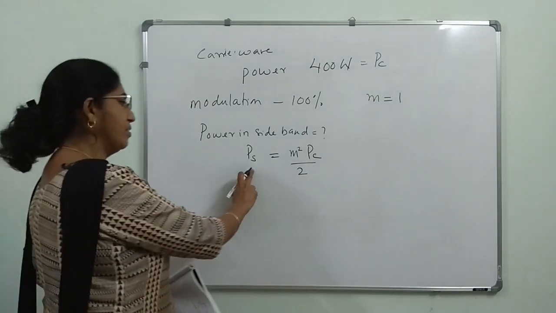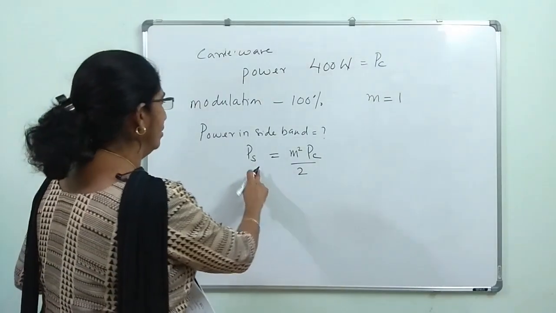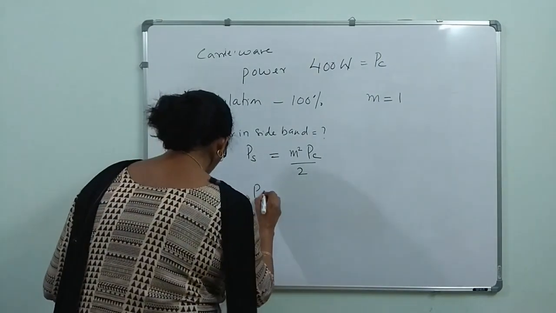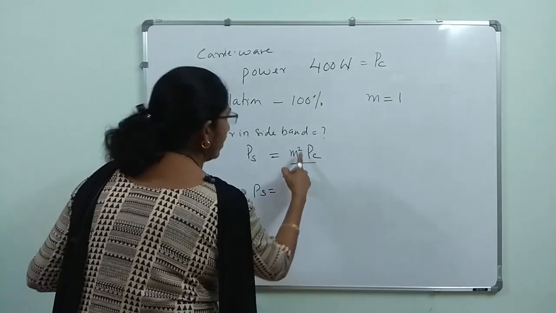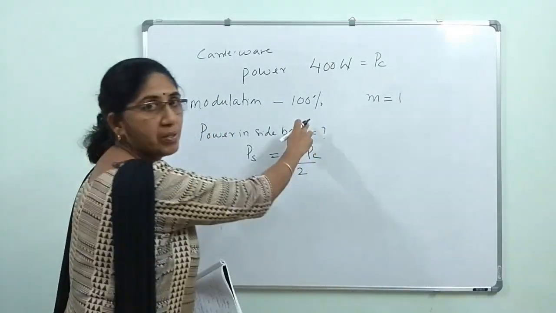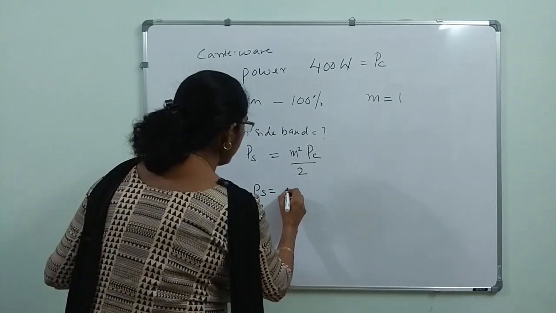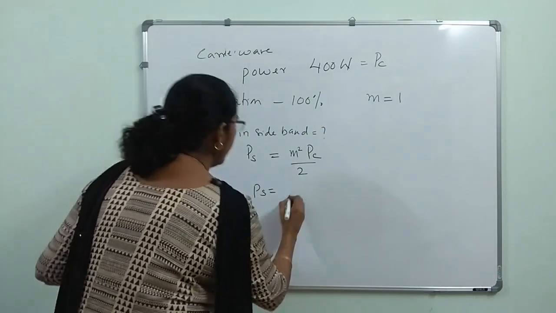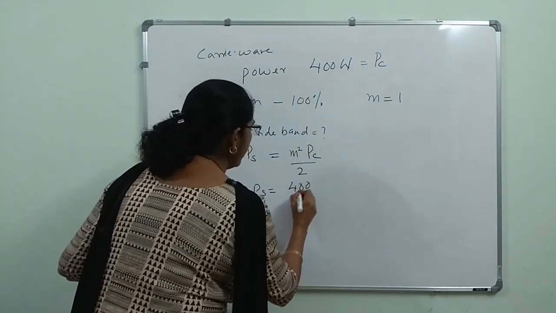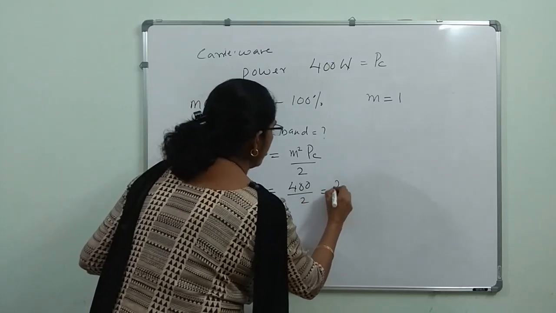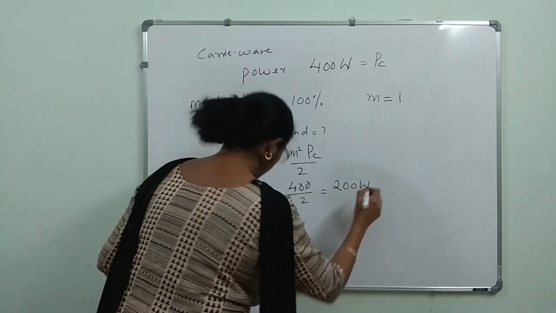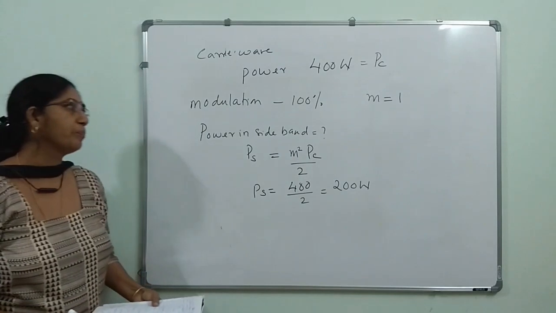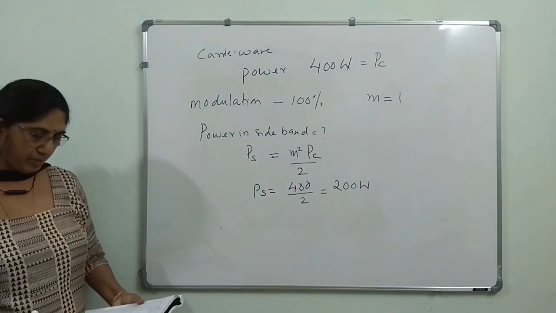So you can apply this and find out the value of the power in the sideband. So PS will be equal to, M is having value 1, I have taken 100% modulation, PC is 400 divided by 2, that is 200 watts. So this will be the power in the sidebands.